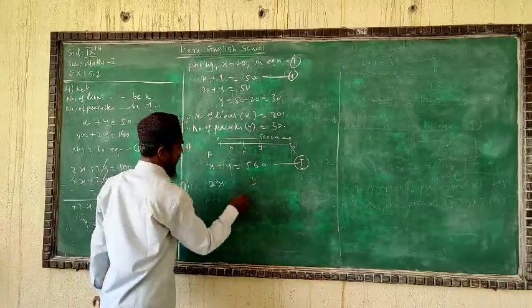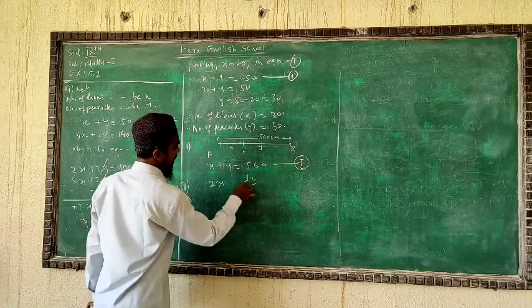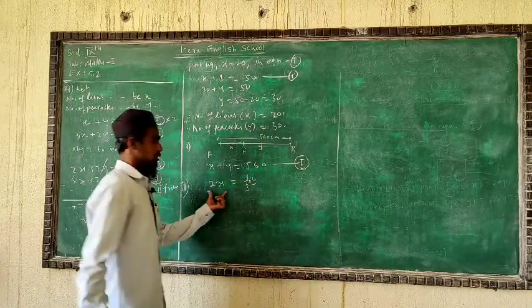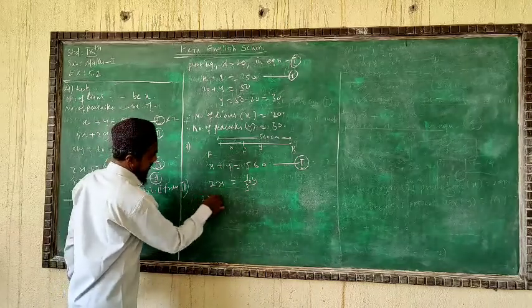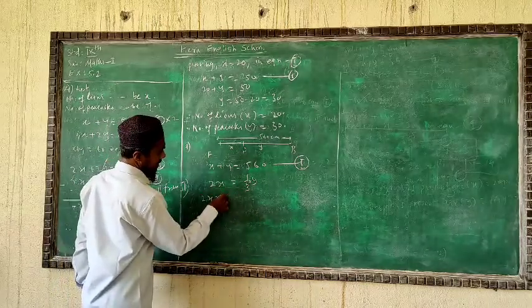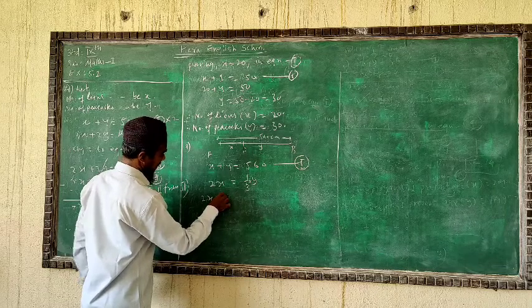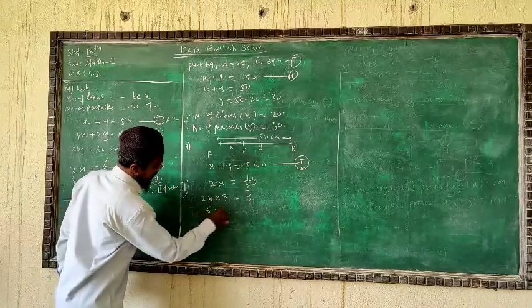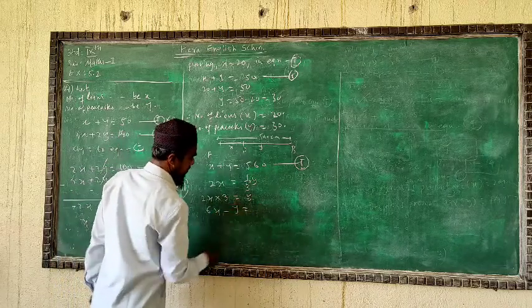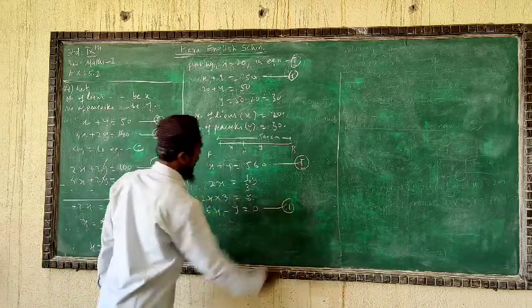The greater part is y, you will get one-third of the greater part, and the smaller twice, both will be equal. Now see very well, 2x, 3 will be brought here, you will multiply by 3 to the left side, equal to y, means 6x, bring this one minus y, left side is equal to 0, equation number 2.